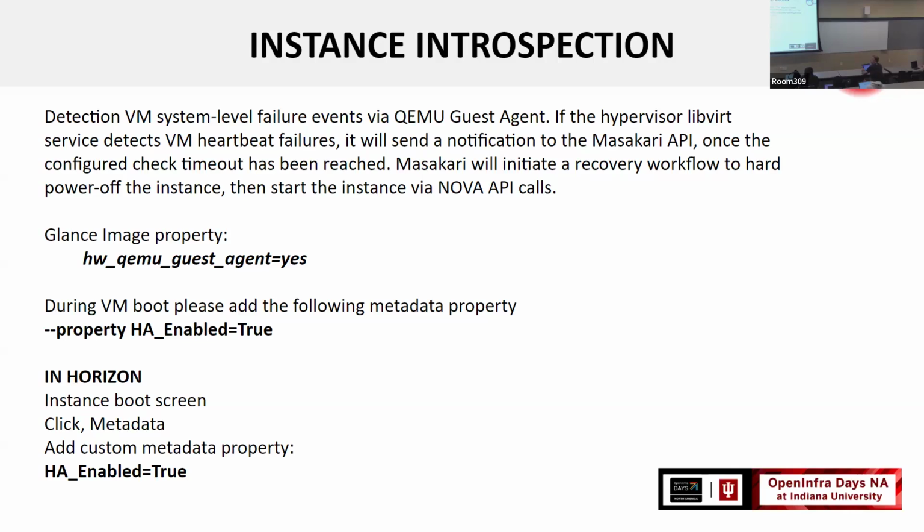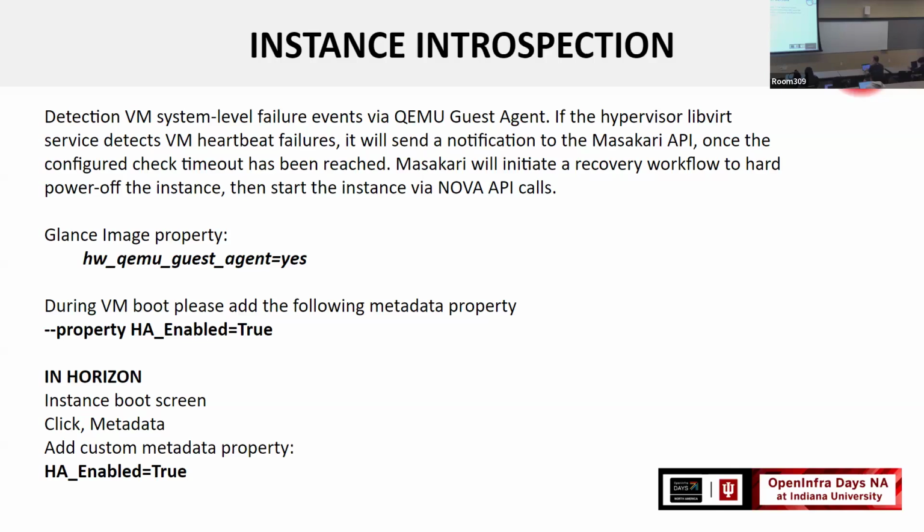One of the things that needs to be enabled on OpenStack is a Glance property for enabling the hardware QEMU guest agent, so that the libvirt domain will create that socket connection for QEMU.